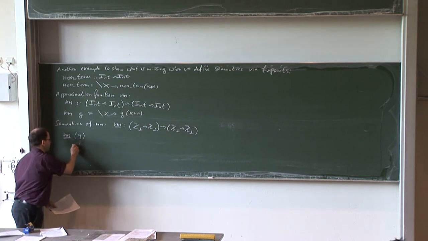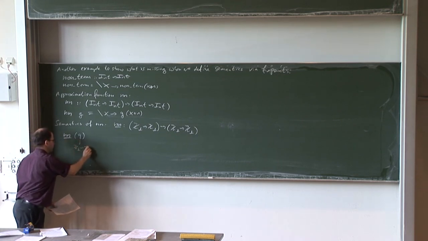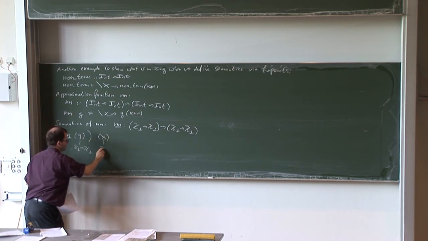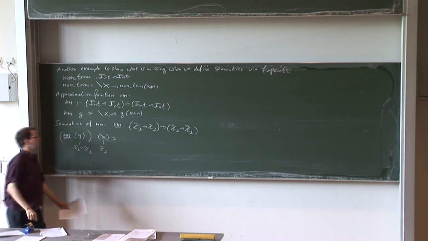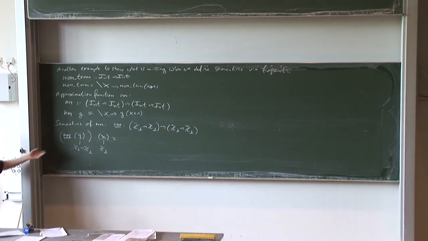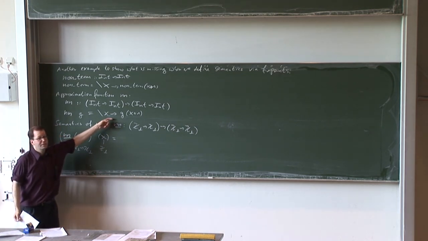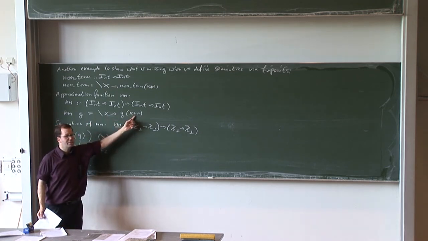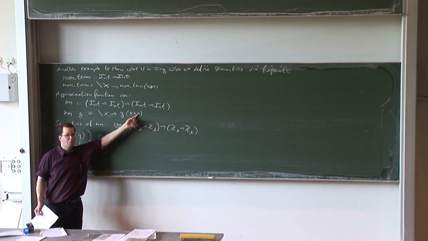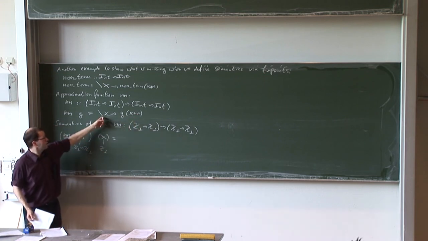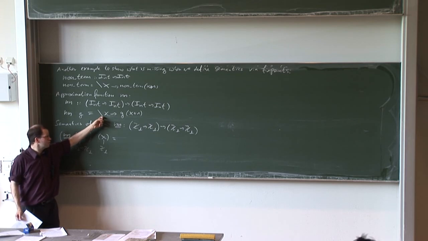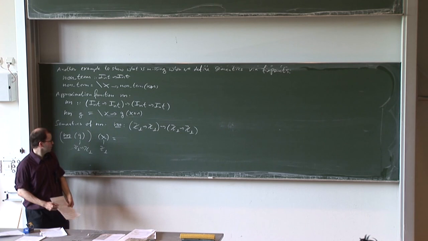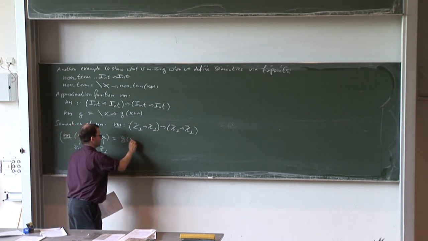Now g again is a function from z bottom to z bottom. So let's apply it to some x, where x is from z bottom. Now the semantics of this is easy to determine because on the right-hand side we have just predefined functions. We know the semantics of plus is addition, the semantics of 1 is the number 1, and lambda means it's a function which takes an x and gives us back the stuff on the right-hand side. So here it gives us back g of x plus 1.